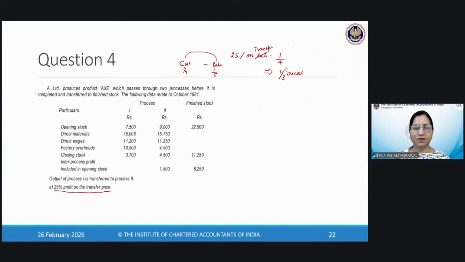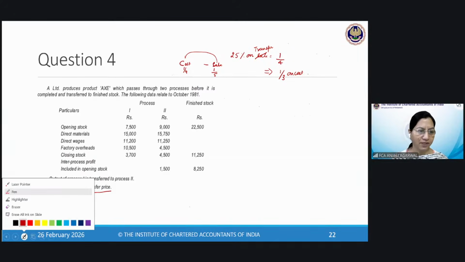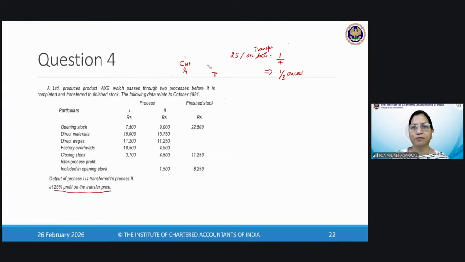Okay, so this will really come in handy. Why? Because in the process accounts, you will have information about cost. You will not have information about the transfer price. Transfer price is something you have to calculate. So profit will generally be given as a percentage of transfer price, but what we will have in hand is cost.